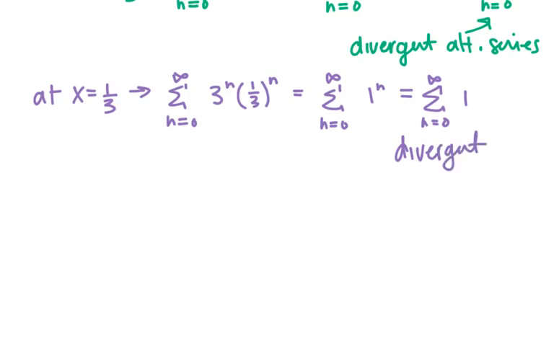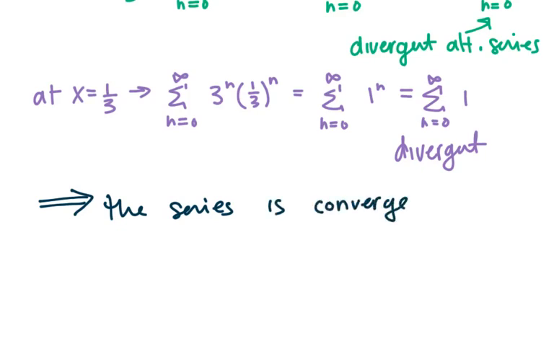Okay, so where is the series convergent? The series converges when x is on the open interval from negative 1/3 to positive 1/3, but not at the endpoints.